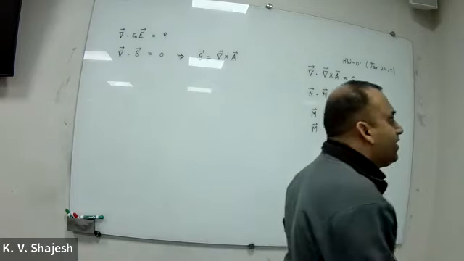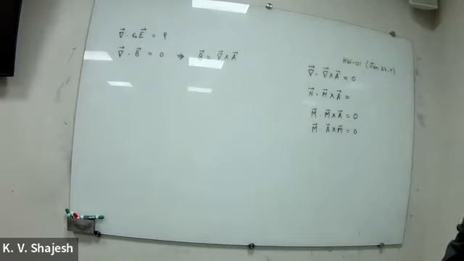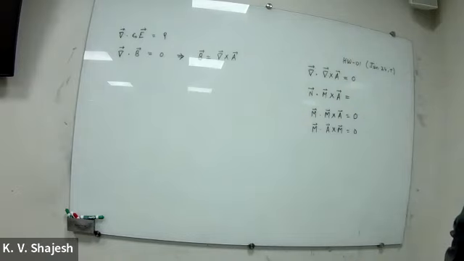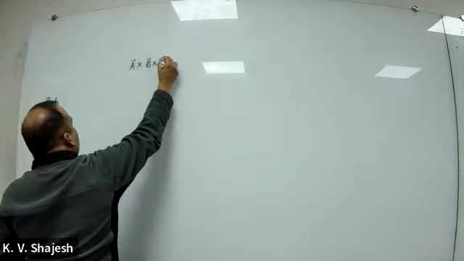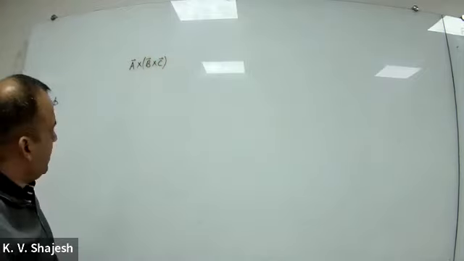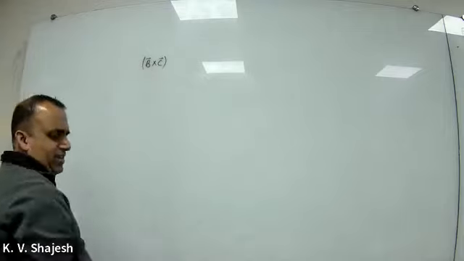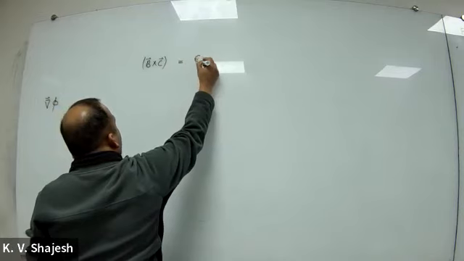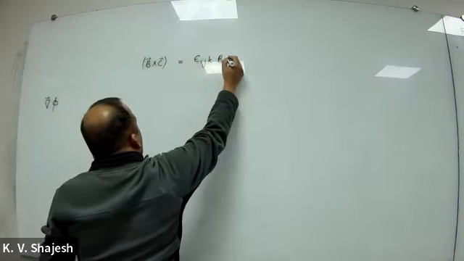One way to do that, so that was the motivation for taking the index notation. So A cross B cross C is, or let's first write B cross C. The index notation for this is epsilon ijk bj ck.